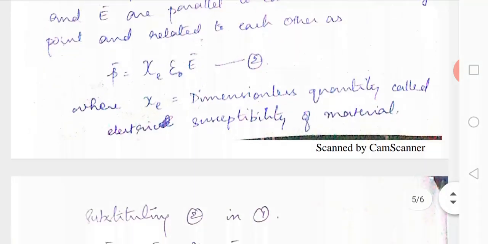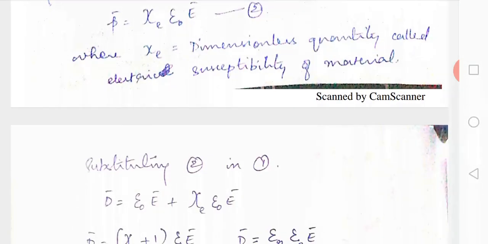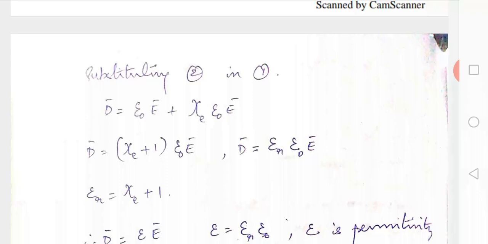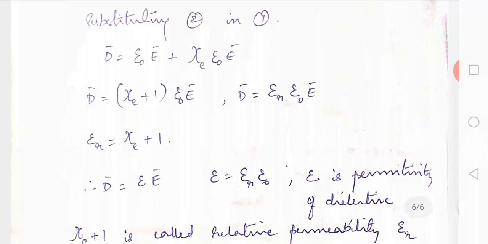Now substituting equation 2 in 1, we get vector D is equal to epsilon naught vector E plus psi E epsilon naught vector E. Taking epsilon naught and vector E outside, vector D is equal to psi E plus 1 times epsilon naught vector E. Therefore vector D is equal to epsilon R epsilon naught vector E, where epsilon R is equal to psi E plus 1.